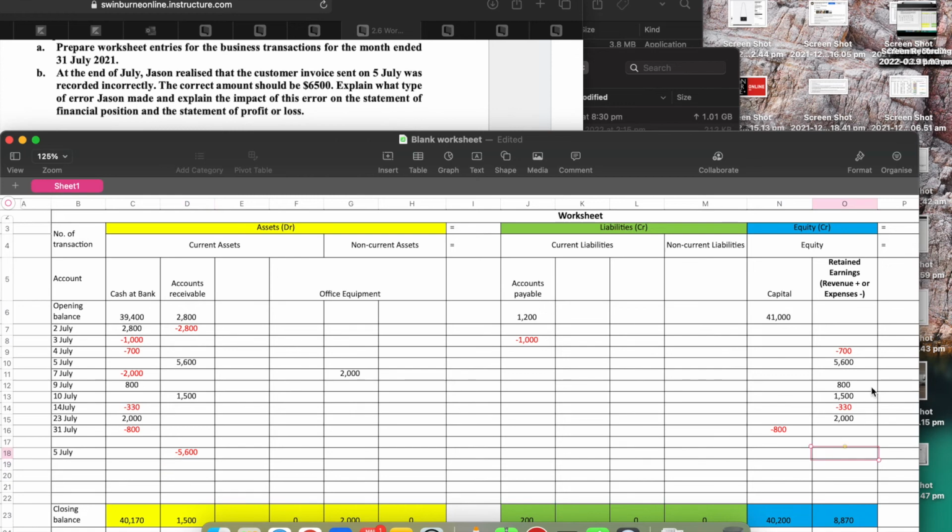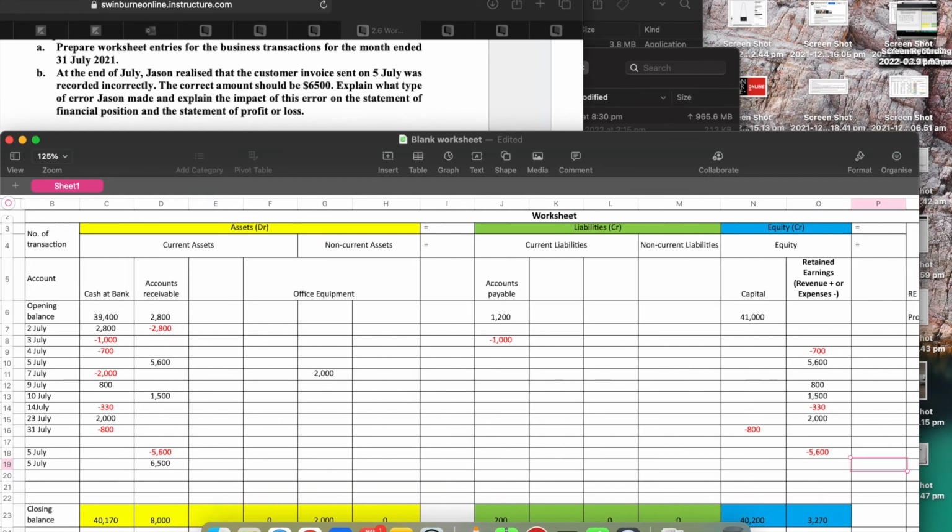We basically do the very opposite to reverse it out. So you can see here, positive, negative, it reverses. And then we do our correct transaction, which is 6,500, and over here, 6,500. So that fixes it up.